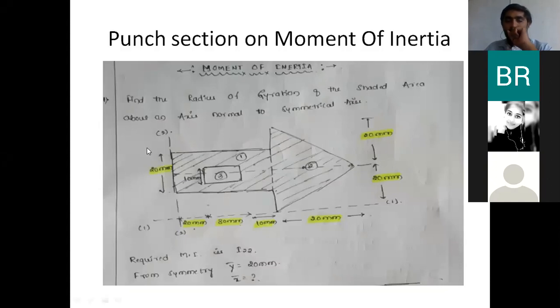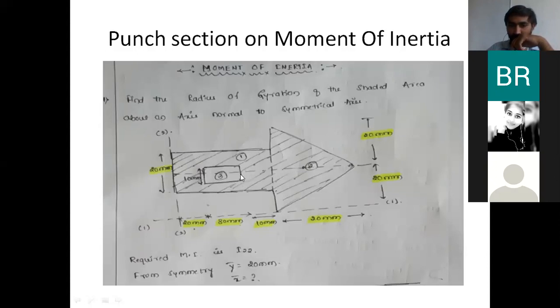If you look at the previous cases in your centroids, the moment of inertia is the continuation of what we have done for the centroids. Looking at this figure, it is the addition of the rectangle and the triangle, and one cut section will be there.